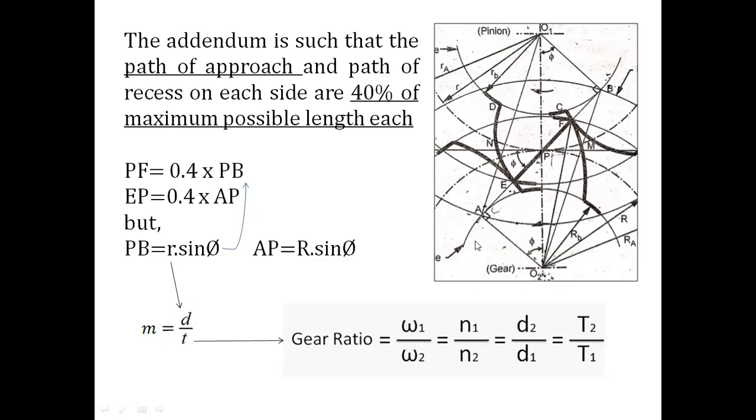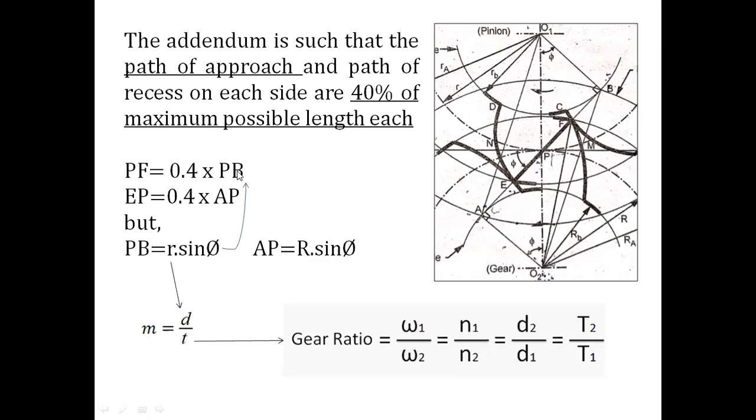Beyond that, interference will occur. So this is AP. This AP is the maximum possible length to avoid the interference. So as per the problem statement, EP will become 0.4 into AP, maximum possible length of path of recess. Okay, so PF we can find as 0.4 into PB.